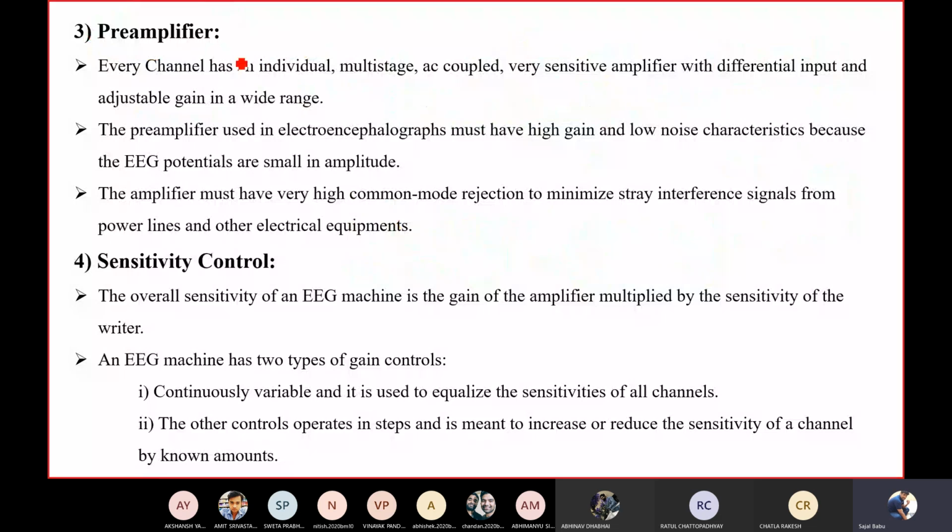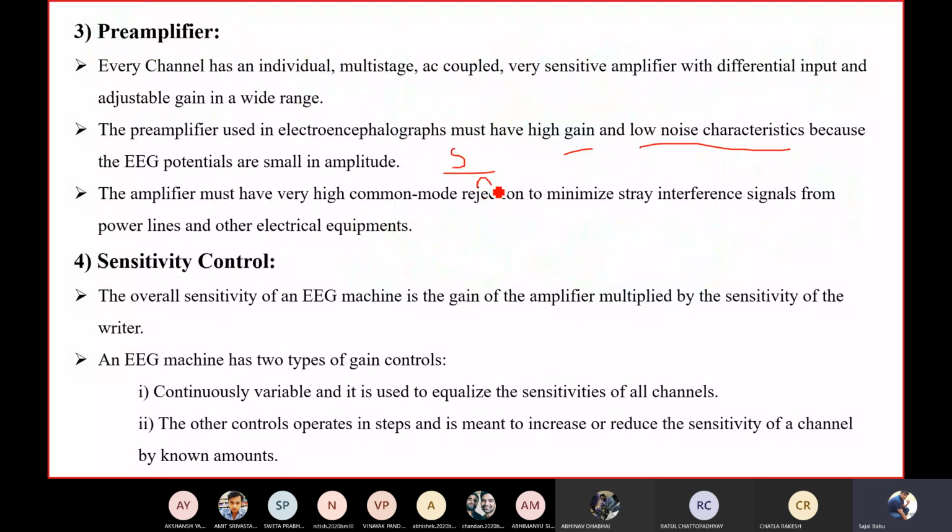The other important characteristic that I need for my EEG amplifier is high gain and low noise. When I talk about the amplifier, I need to know about the S/N, which is called the signal to noise ratio.